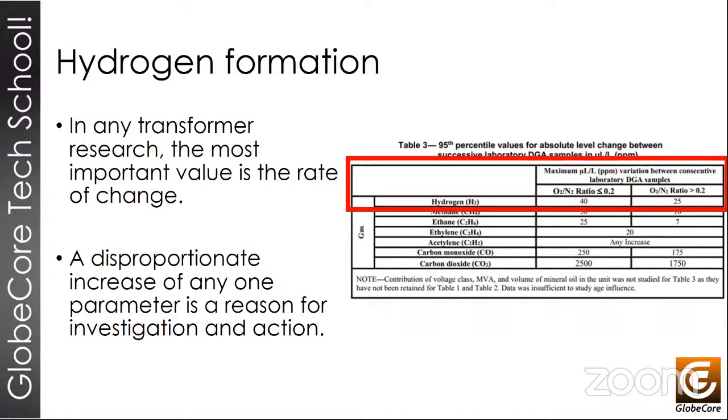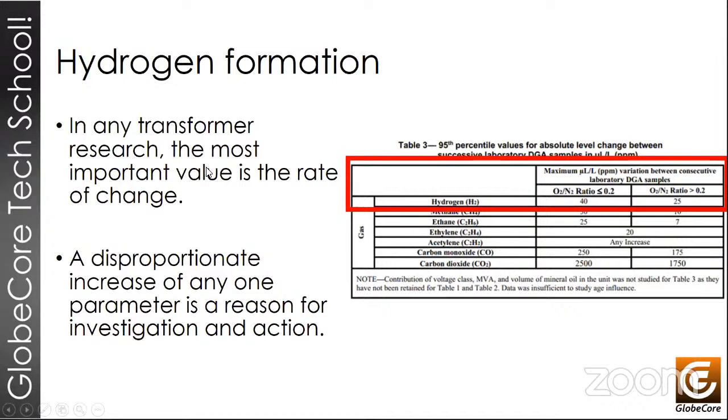And this rate of change does not take into account the age of the transformer, but it does take into account the relationship between oxygen and nitrogen, and gives us two large groups, sections in this table, where the ratio is less than or equal to 0.2. In this case, a rate of change of no more than 40 ppm is allowed.